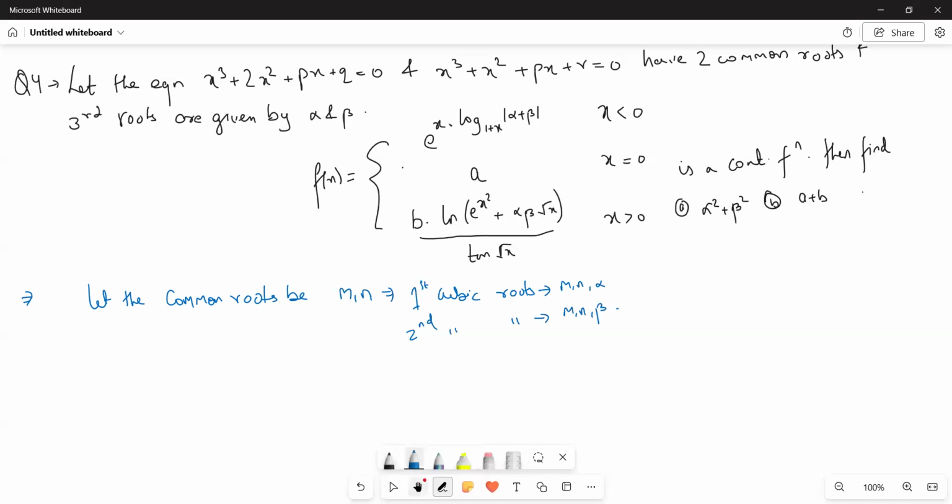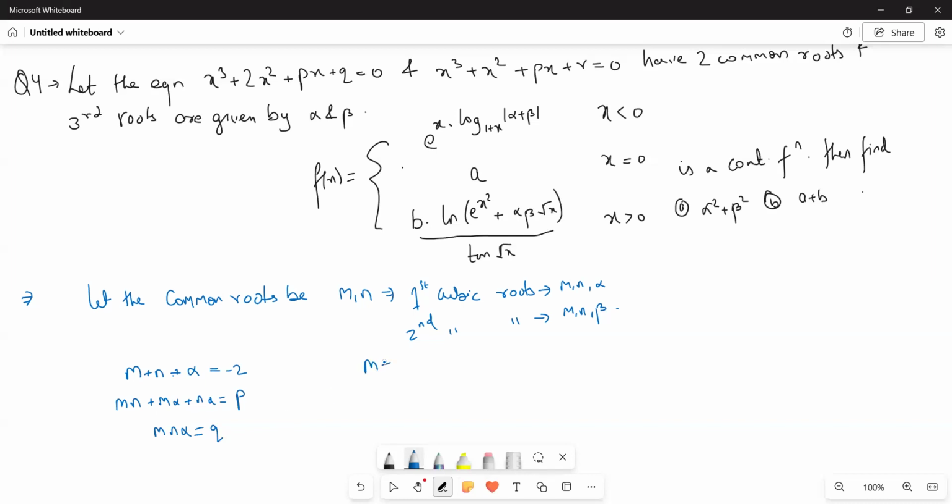Accordingly, from the properties that we have done in cubics, the various relations that we get in this case would be m plus n plus alpha is equal to -2, mn plus m alpha plus n alpha is p, and mn alpha is q.